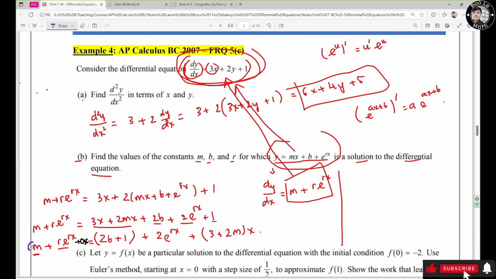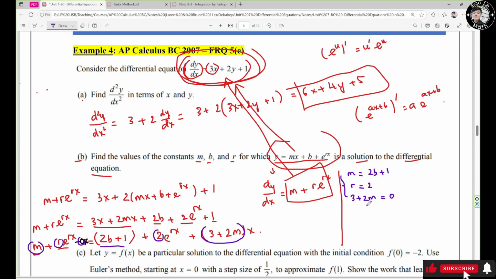Now this guy right here and this guy right here must be the same. So I have m equals 2b plus 1. Now the second one, r right here and 2 right here must be the same, so r equals 2. Now the last one, 0 right here and 3 plus 2m right here must be the same, so I have 3 plus 2m equals 0.